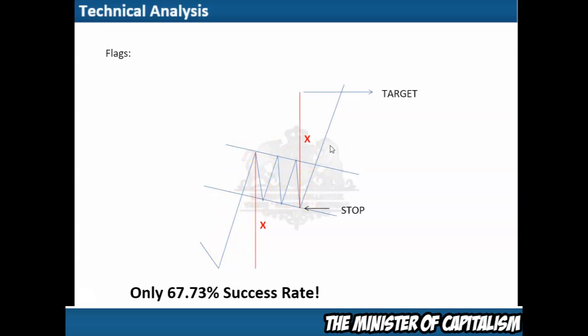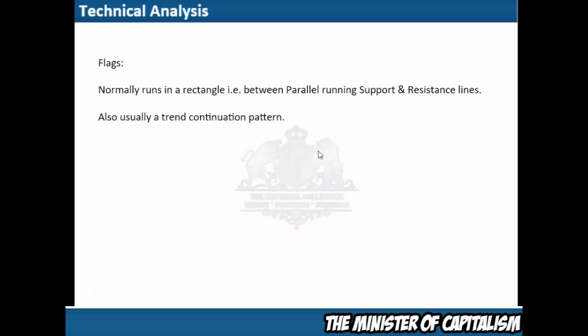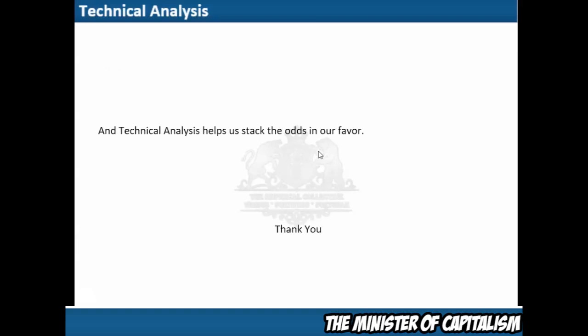And for us, we found that it's only worked 67.73% of the time. So they've been better to us than wedges, but they haven't been nearly as good as some of the other patterns. So flags normally run in a rectangle between parallel running support and resistance lines. And they're also usually a trend continuation pattern.